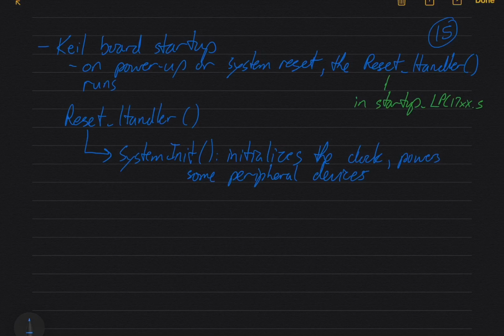Okay, once system_init returns, then reset handler invokes something called main, but is prefaced with a double underscore. So when you see a double underscore in front of a function or a variable, it means that it's library code and you probably shouldn't be touching it.